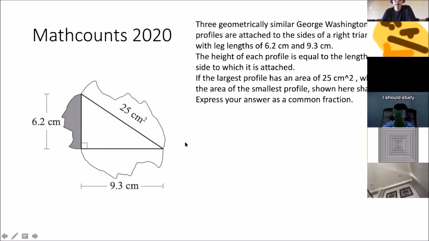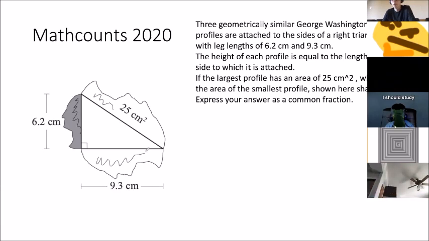So you're given a right triangle and you're given 3 similar shapes. These shapes are no longer triangles, but George Washington faces, like these shapes over here, but they're similar. And you're given 2 lengths of this right triangle, and you're given the area of this big Washington face, and you're asked to find the area of this small Washington face.